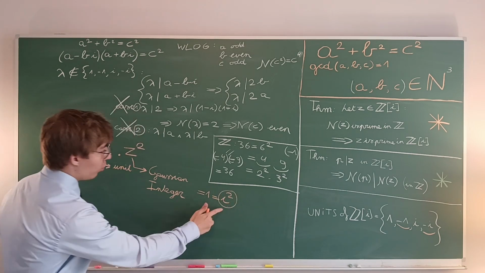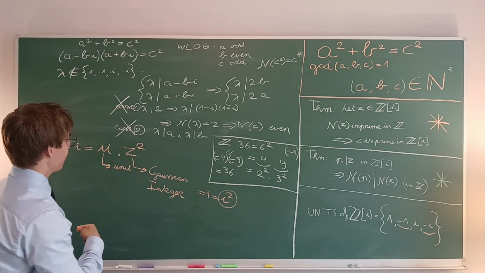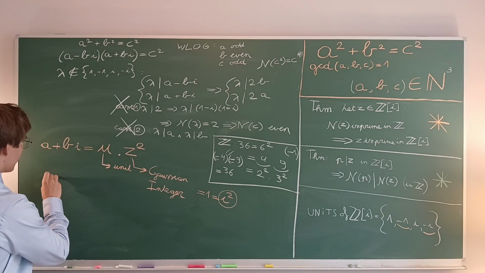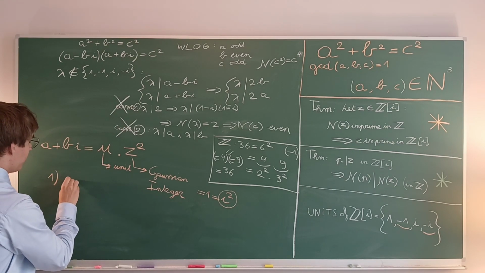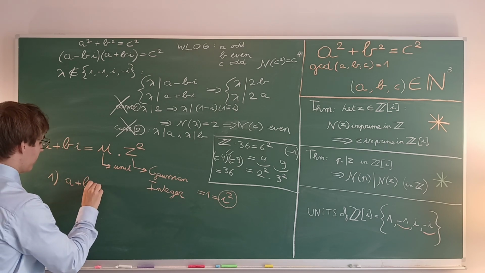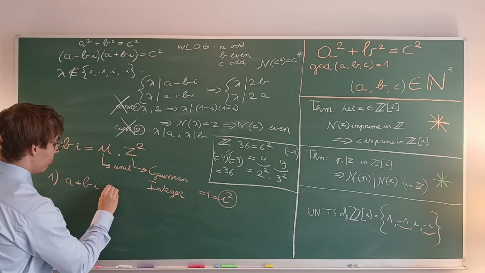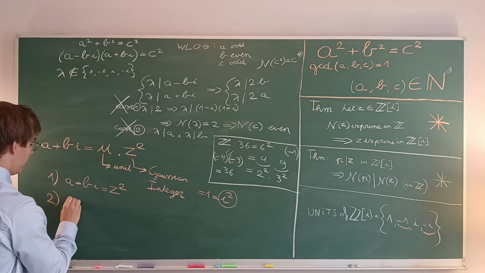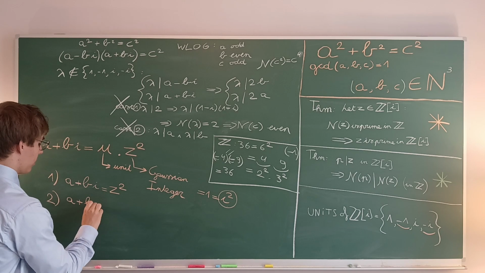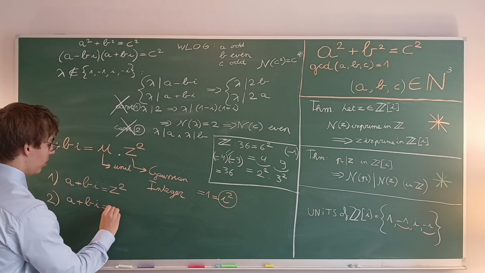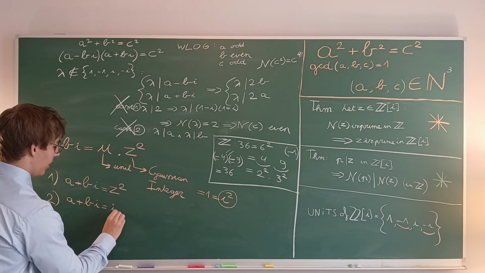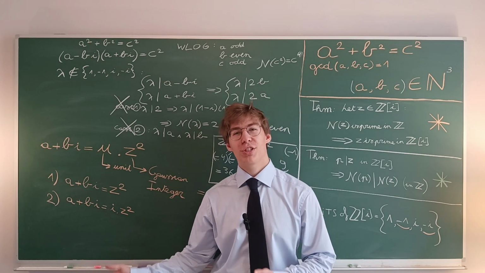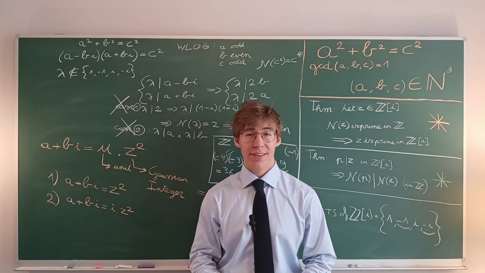So this square will be moved into this square. So we are actually left with two options. That is a plus bi is just equal to z squared, or a plus bi is equal to i times z squared. So let's now finish the proof with these two cases and clear the board.